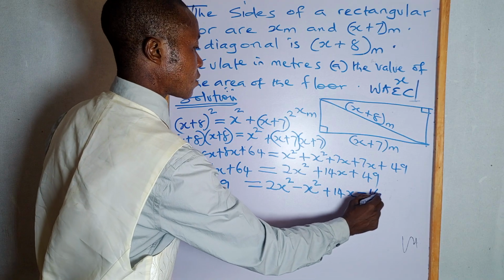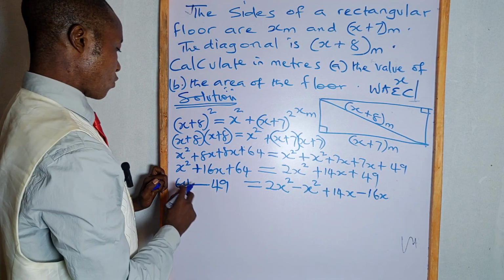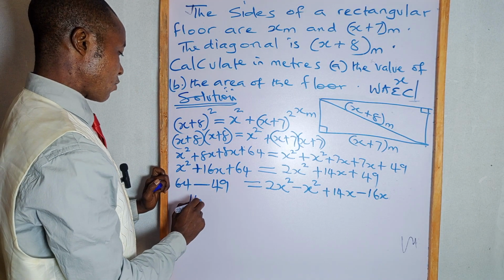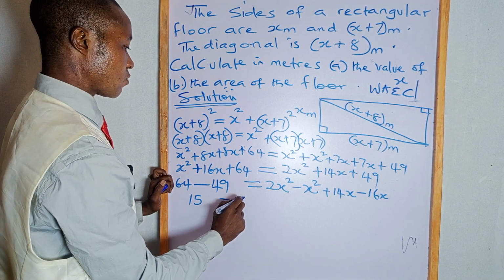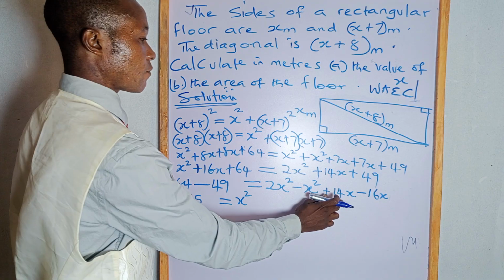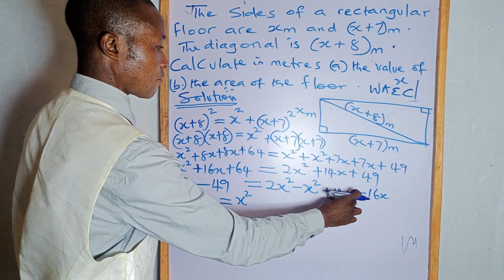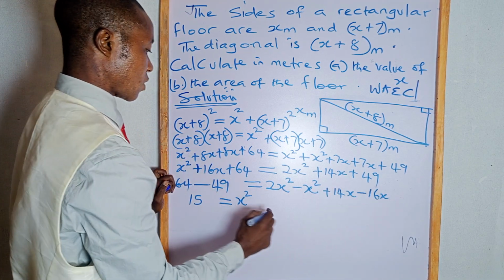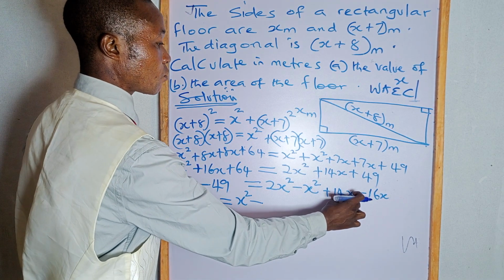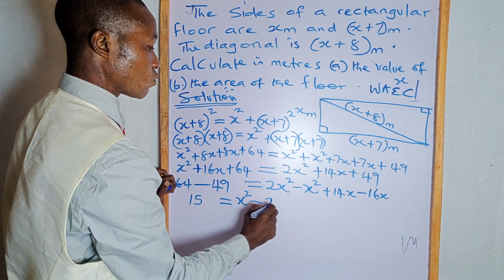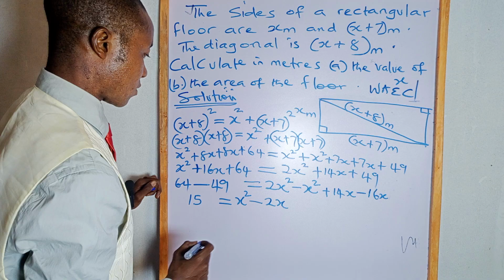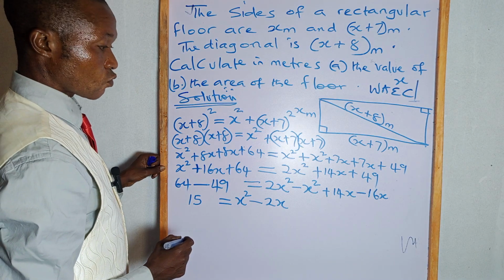So 64 minus 49, if you do that very well, gives you 15 is equal to 2x squared minus x squared, that gives x squared, then 14x minus 16x. You have 14 naira, you are owing someone 16 naira. By the time you clear your debt, you pay with what you are having, you will still be left owing 2x.